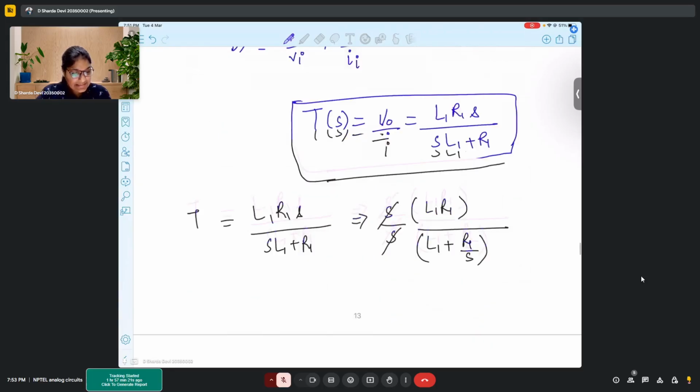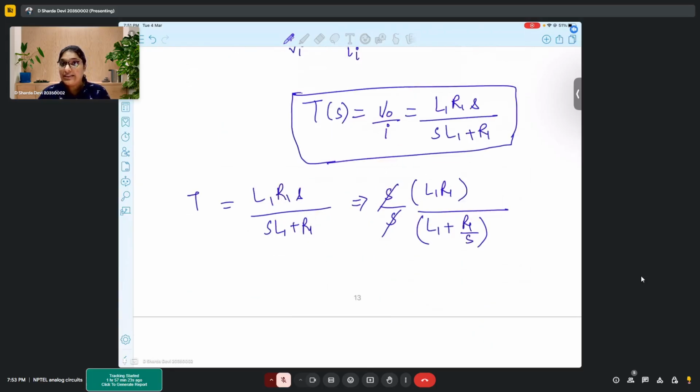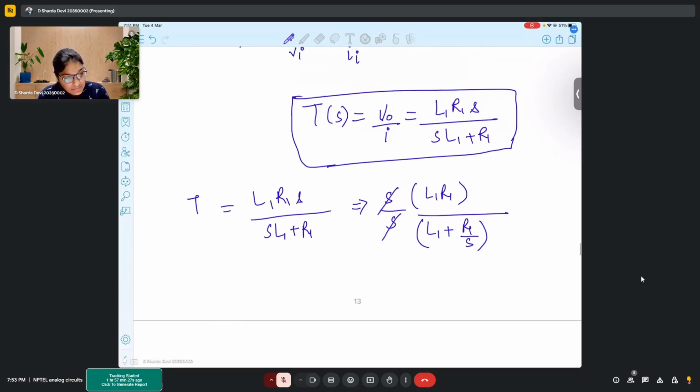This S and this S cancelled. Why we did it, you will get to know in a minute. Now, in this reduced transfer function, substitute S equal to 0. The moment we substitute S equal to 0, the denominator becomes infinite and the whole transfer function goes to 0, right?